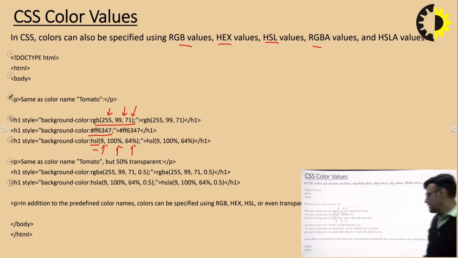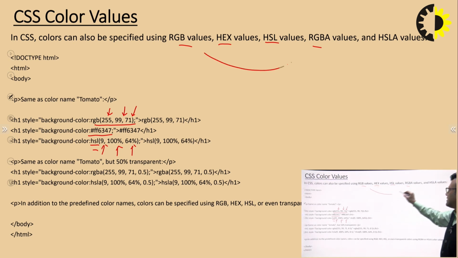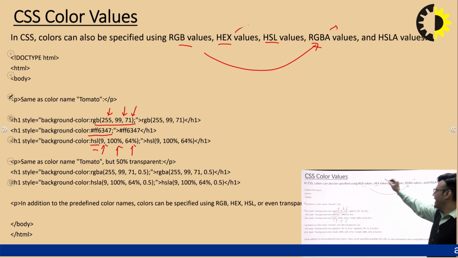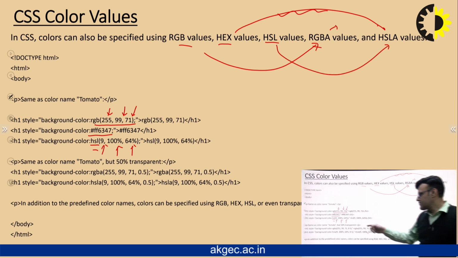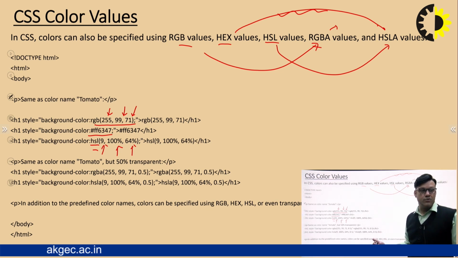Similarly, this is the RGB function, this is hex, and this is HSL. We have the HSL function. This fourth parameter will show the transparency of that color.